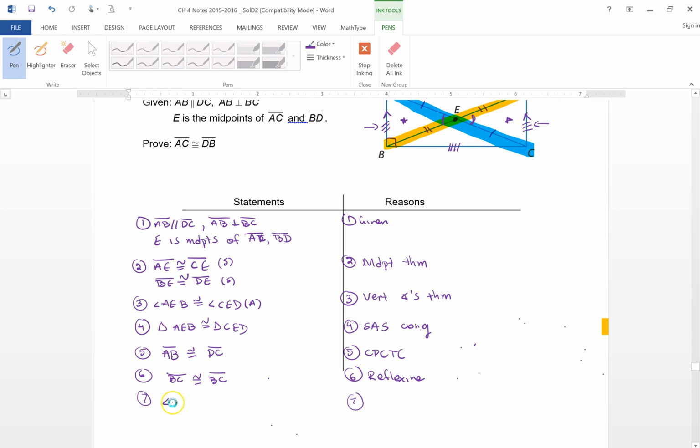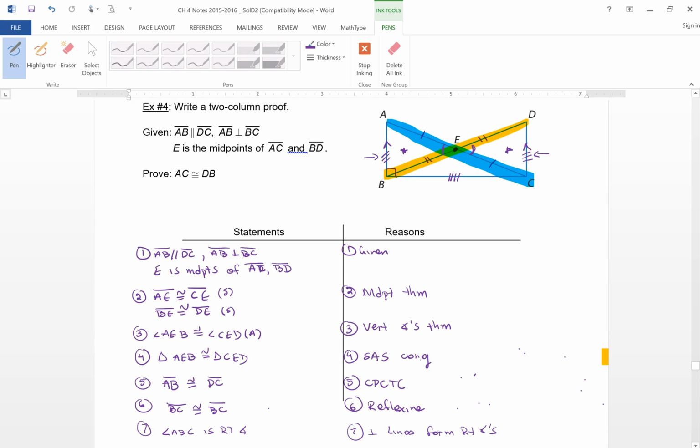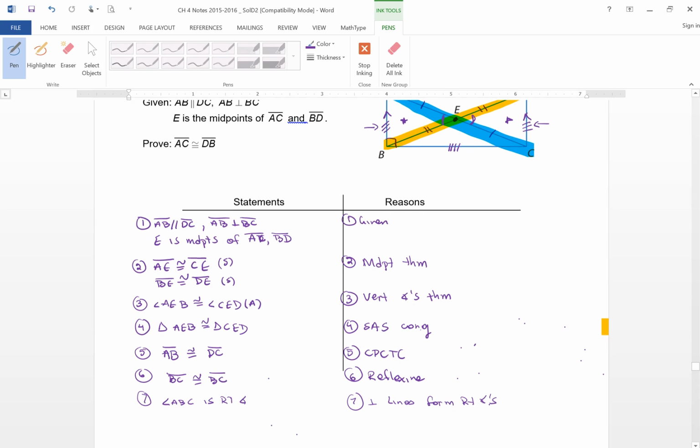So I say angle ABC is a right angle. This is the definition. Well, not definition. Perpendicular lines form right angles. Okay?